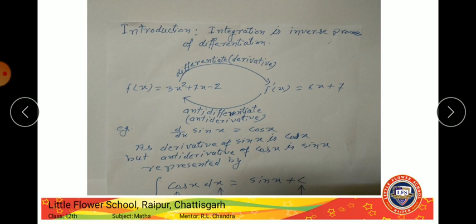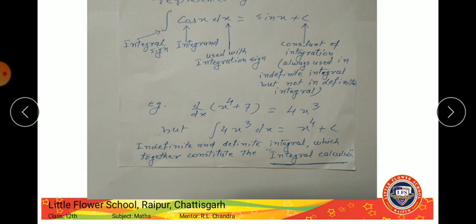This is represented by integration cos x dx. This is the integration sign. Where we apply the integration sign, dx is also applied. This is read as integration of cos x is equal to sin x plus c.